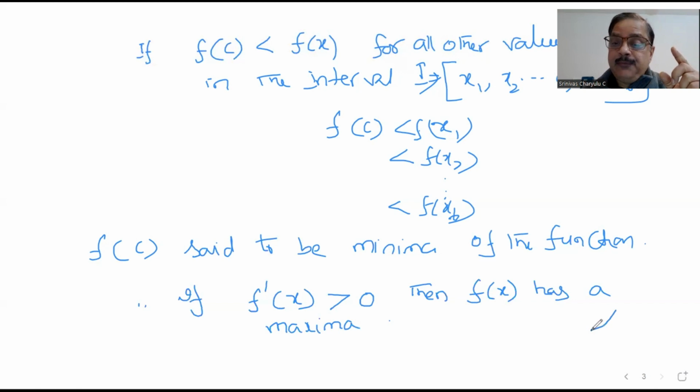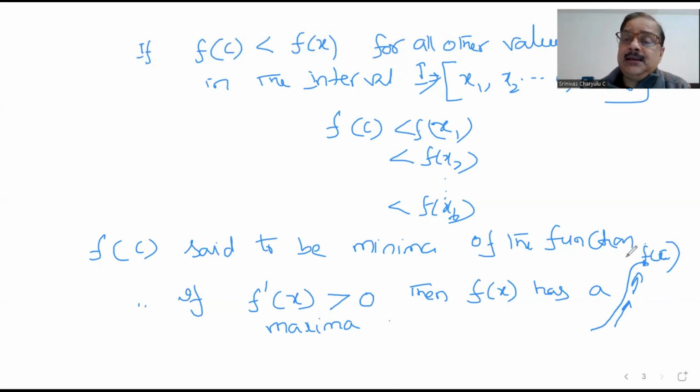See, like this, if I am going like this, this is the point I am talking about, f of c. This is called an increasing trend. The function is increasing, so it is reaching a maximum point. Now let us say f dash x is greater than 0 is satisfied. We have reached the point c.